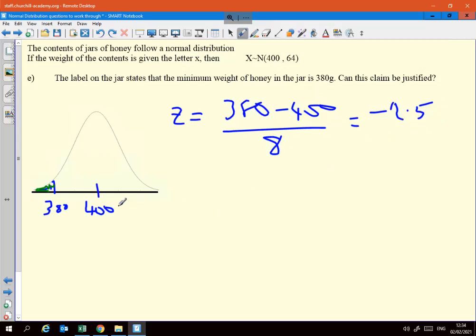Minus 2.5. So I can't look up that, but what I can do instead is look up the mirror image, the z-score of 2.5 over here. So I'm going to do that. I'm going to look up 2.5, bonus points if you can remember it. I mean, I definitely can't.